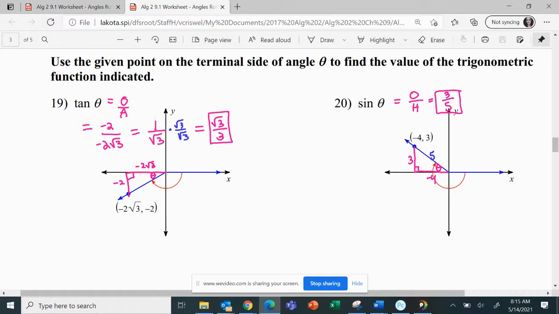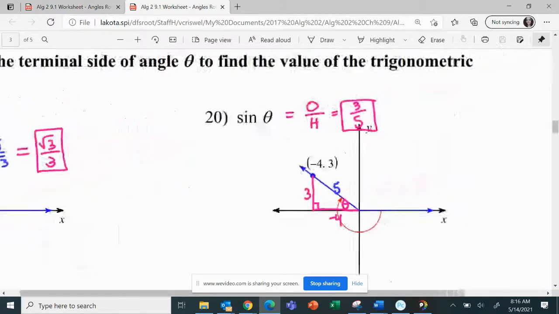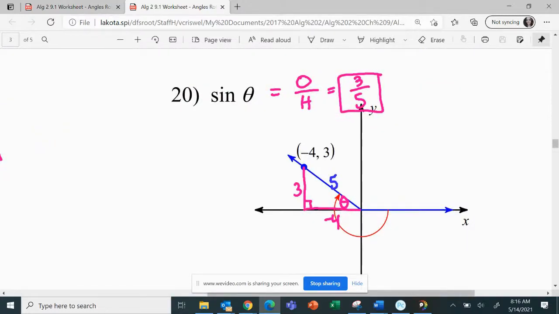X or Y? It is Y. Okay. Look at number 20. The O is 3. Which coordinate from number 20 is the 3? Y.